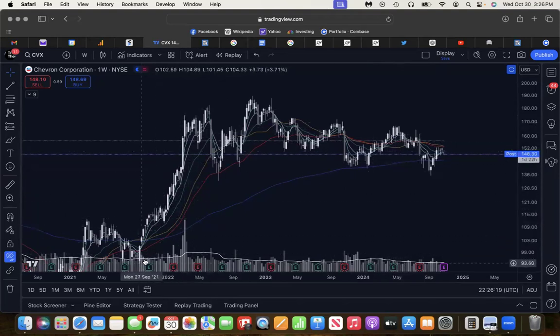When they get up to a level where they're ready to distribute, they can't sell it all at once. So they go through a process of luring retail traders back in to sell into. And then as they dump supply and sell their positions, that brings price back down. And then they bring it back up with very low volumes on something like a good earnings report, luring in retail traders only to turn around and dump additional supply into.